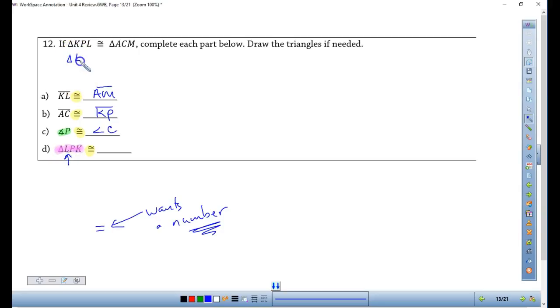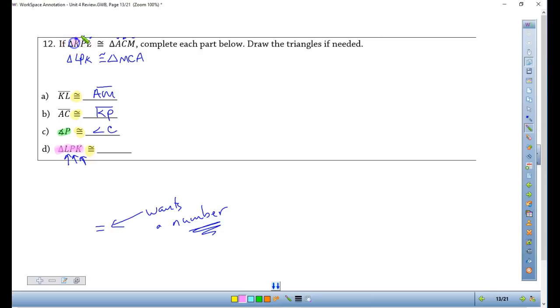So the first one, L, would be congruent to the third letter here, which would be M. Then we're supposed to do P. P already was second, so we're not moving P, so C stays in the same place. It still matches C. And then K needs to be the third letter, and if we look at how they were spelled, K matches A, so A goes here.